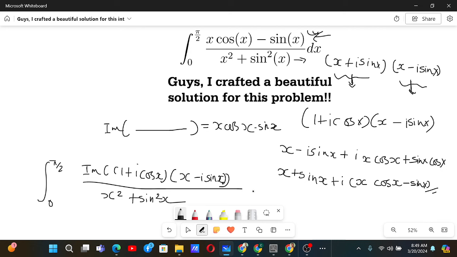Now since this complex number is divided by real things, we can take the imaginary part outside and apply this to the whole fraction, because dividing by a real quantity, we can take it inside the imaginary part function. Also, we can take the imaginary part outside the integral, that doesn't really matter, so let's take the imaginary part outside the integral also, because that works.